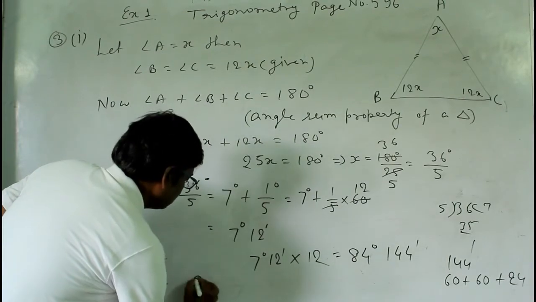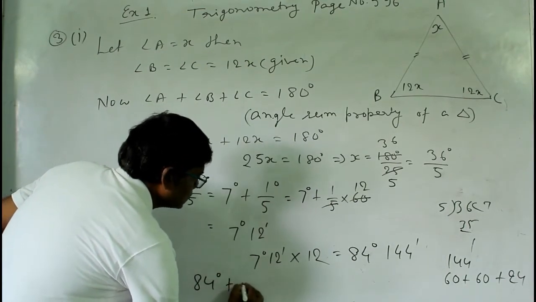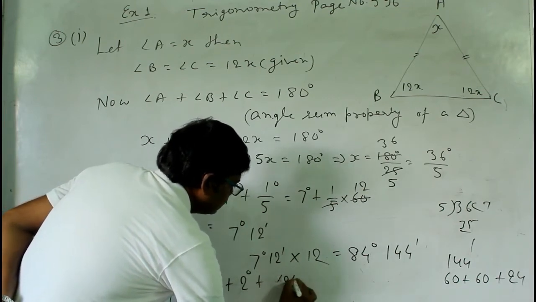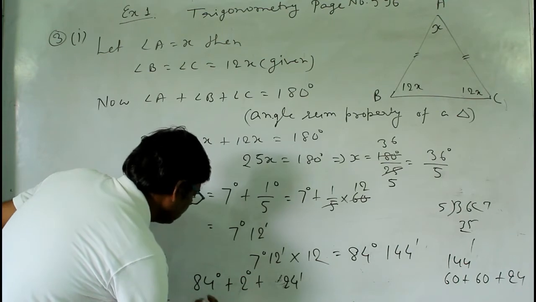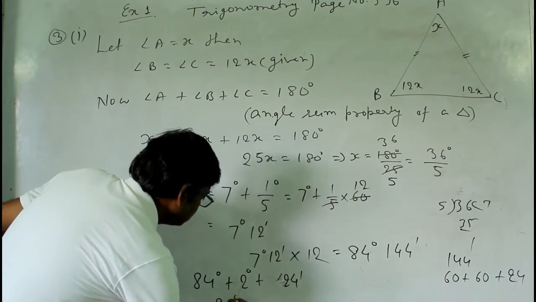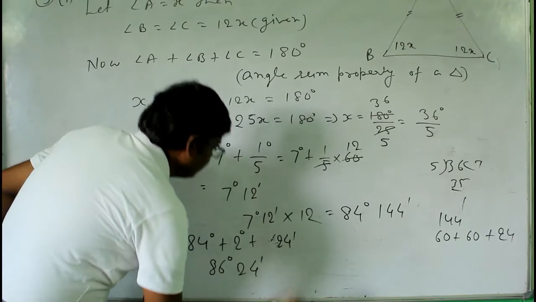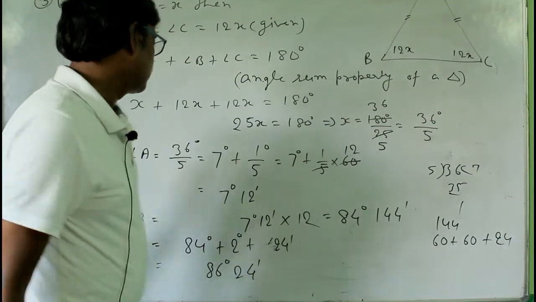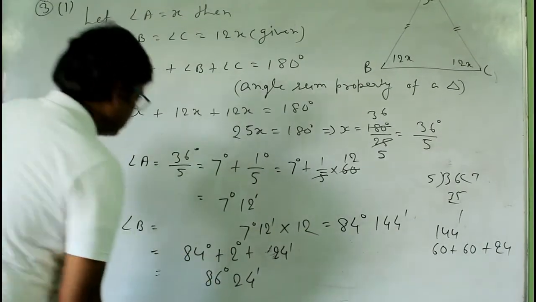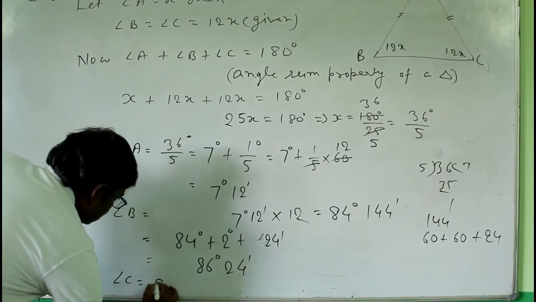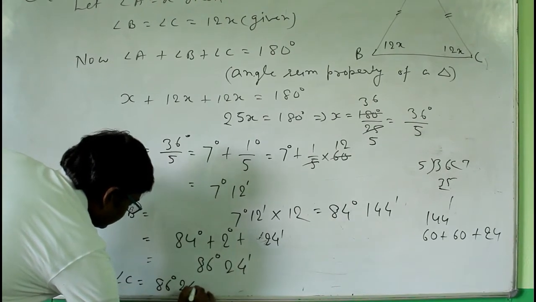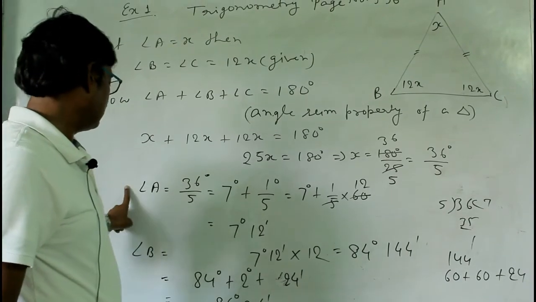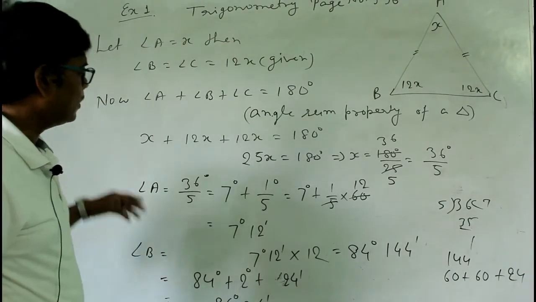The answer will be 84 degrees plus 2 degrees plus 24 minutes, so 84 plus 2 is 86 degrees and 24 minutes. So angle B will be 86 degrees 24 minutes. Angle C will also be the same: 86 degrees and 24 minutes. This is the value of angle A, angle B, angle C in degrees.